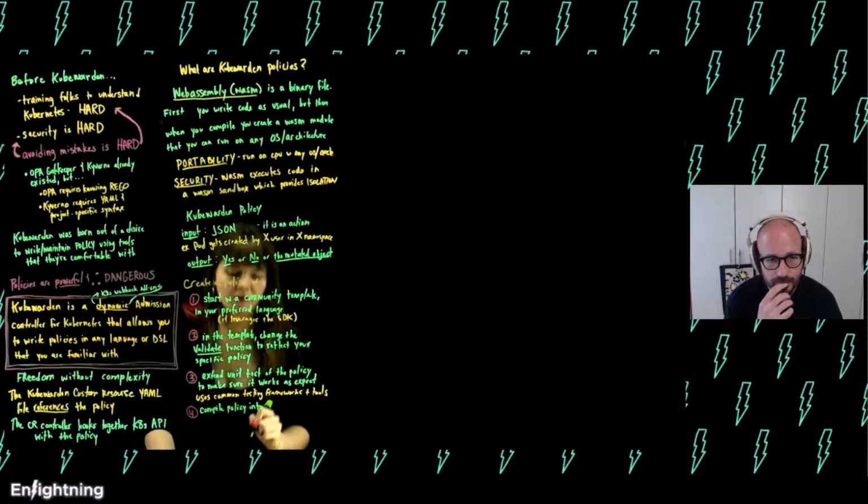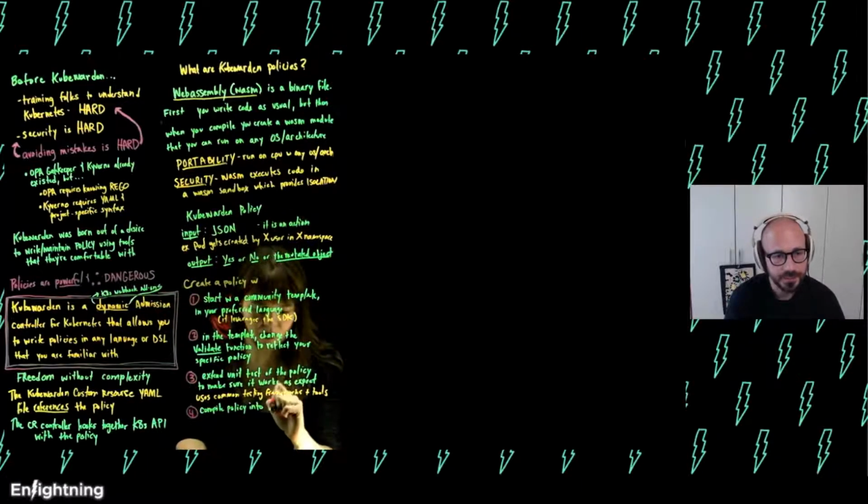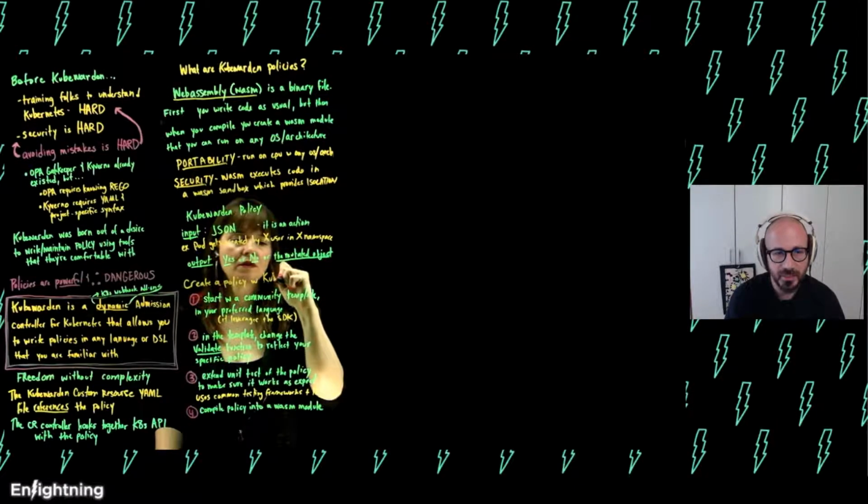So you compile the policy into a WebAssembly module. Cool. And here you just use a make file that we provide.